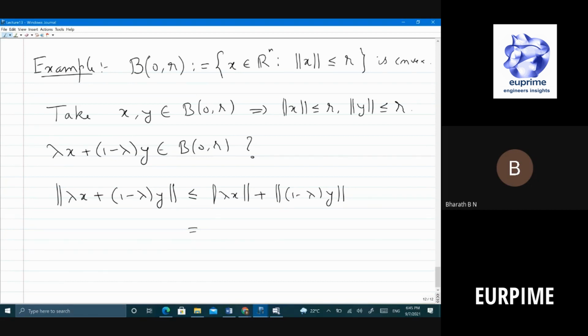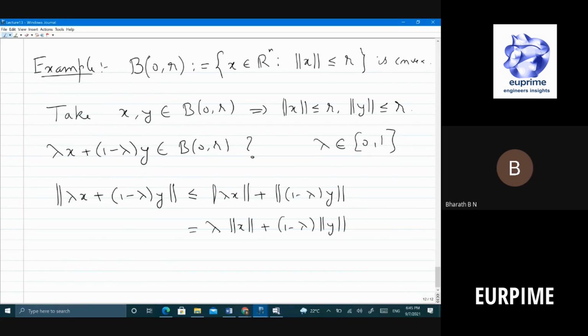So do I need mod lambda? No, because lambda is between 0 and 1. So this is lambda norm of x plus 1 minus lambda norm of y. What is the next step? I know that x belongs to the ball, y belongs to the ball.